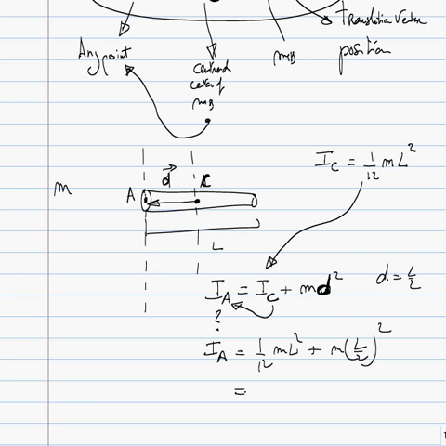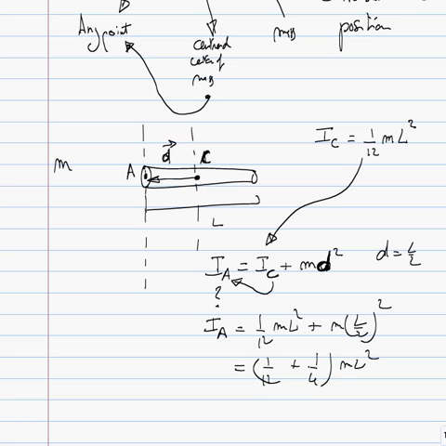Let's solve the algebra. We have 1/12 here, we have 1/4 here. Factorize ML squared on both sides. This is a 12, this is a 4, so 3 and 3, 3 and 1 is 4. 4 over 12 is 1/3. And you end up with I_A equals 1/3 ML squared.